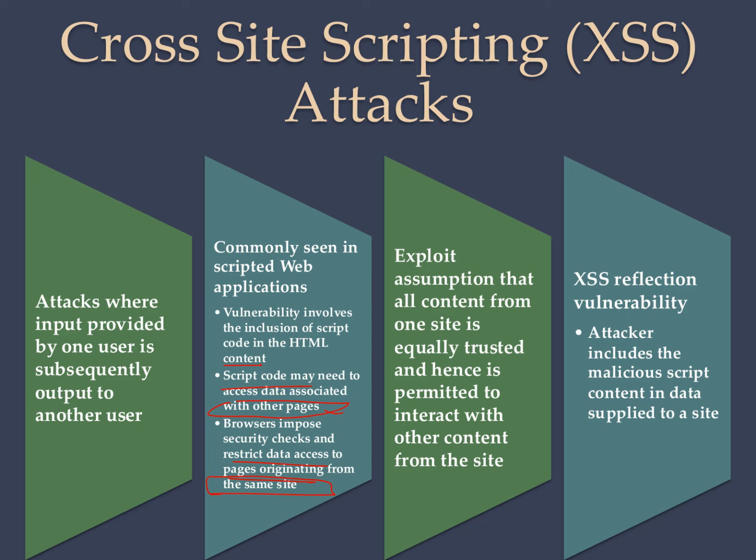And exploits assume that all content from a website is equally trusted, hence permitted to interact with the content from the other side. Okay, so actually you have provided a bad script to this website, and in the context of this website, it is trusting everything as a trusted script. That's how you do it.